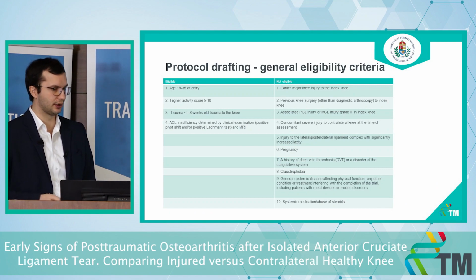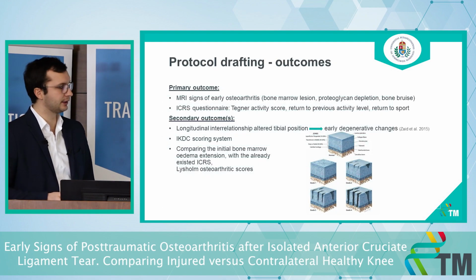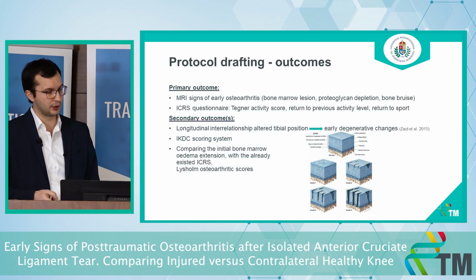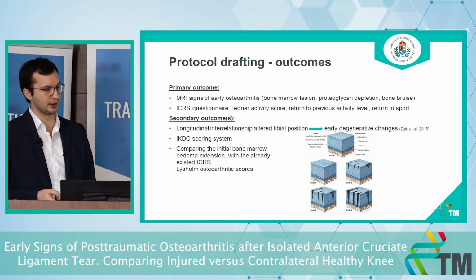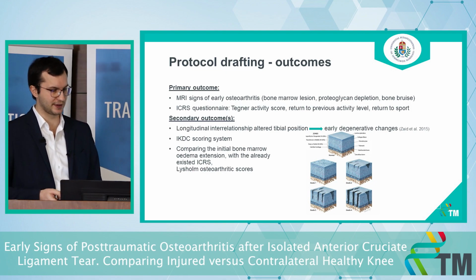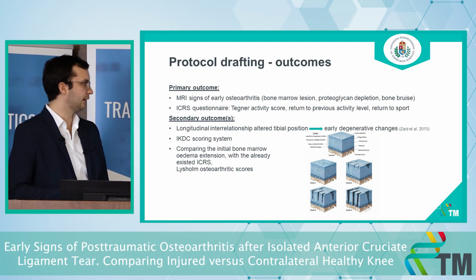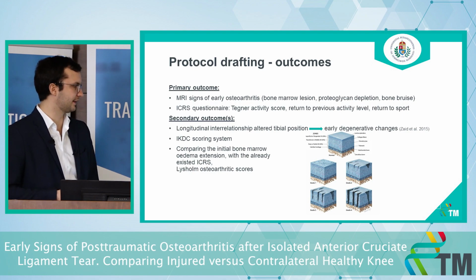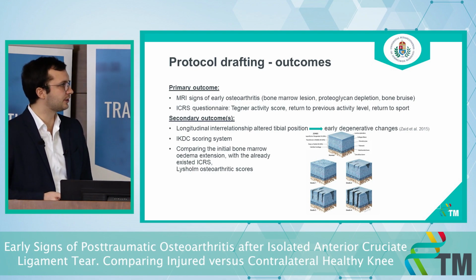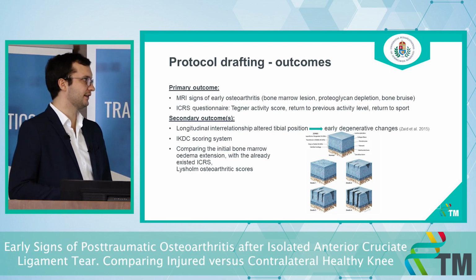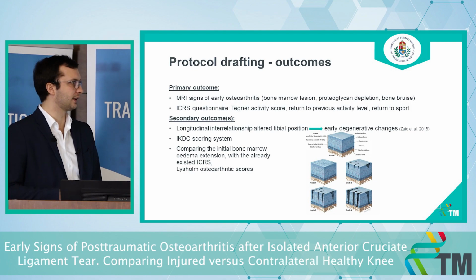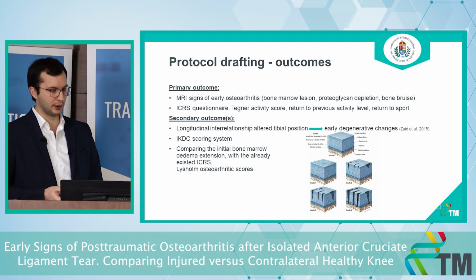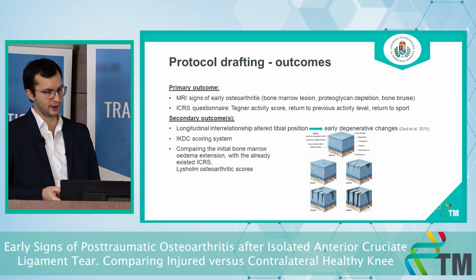Here you can see our general eligibility criteria, what we use, and also our outcome, and the purpose of that is to see the early signs of osteoarthritis. We use a specific MRI sequence for that. It's the T1 rho mapping, which can see the chondrocytes themselves, and we are going to investigate the proteoglycan depletion after this ACL injury.